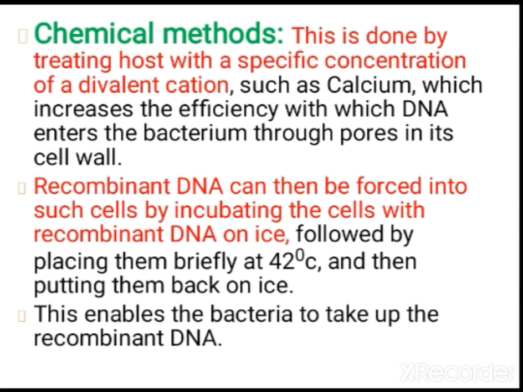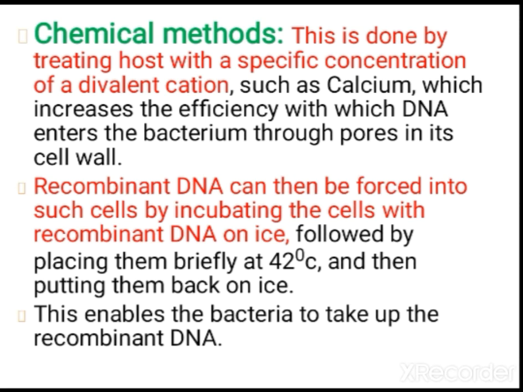One is the chemical method. In this method, we treat the host with a specific concentration of a divalent cation such as calcium, which increases the efficiency with which DNA enters the bacterium through pores in the cell wall.